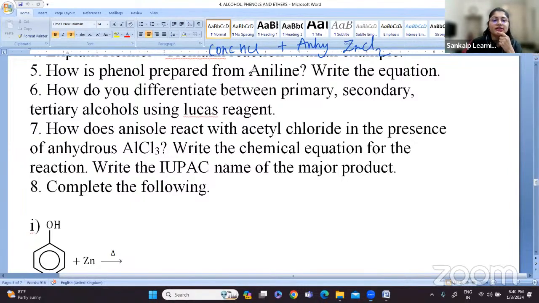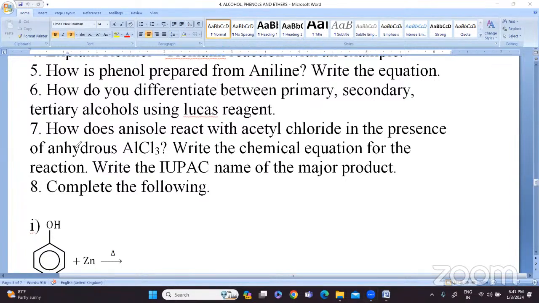Good. We have seen what it will give with primary, with secondary, with tertiary. So all the various reactions we have seen.